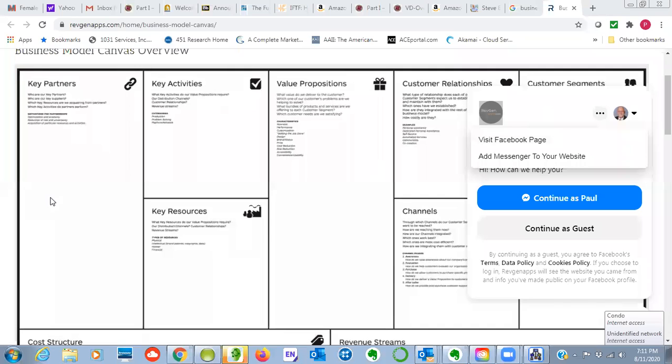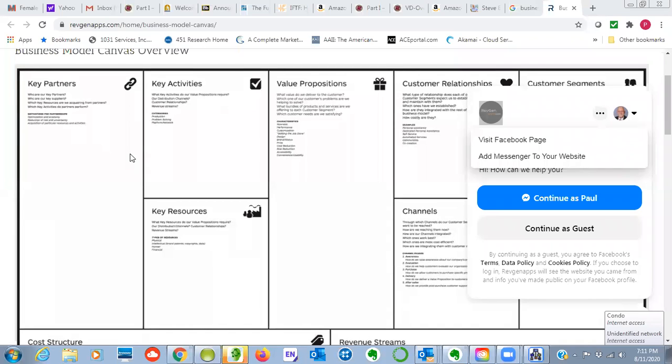Anyway, so the business model canvas is 9 boxes. And again, think about this as being a strategic planning process. It was designed for small business, but I think it works as well for large businesses too.